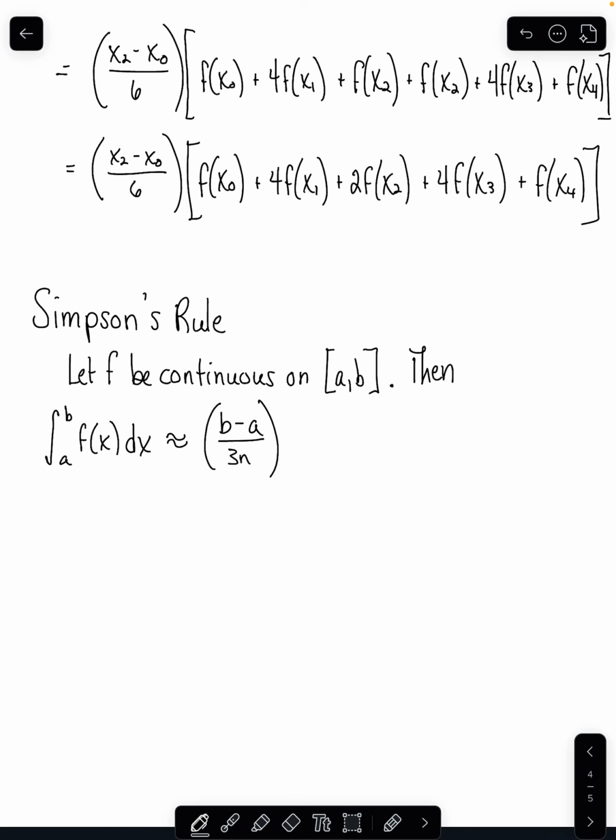Now, if you're wondering where the 6 came from, what we essentially had was 2 double subintervals. We had 2 parabolas going on. So 3 times 2 is what gave us the 6 here.